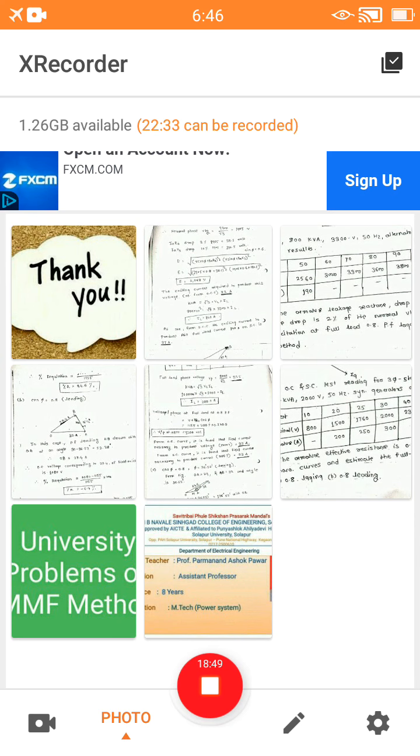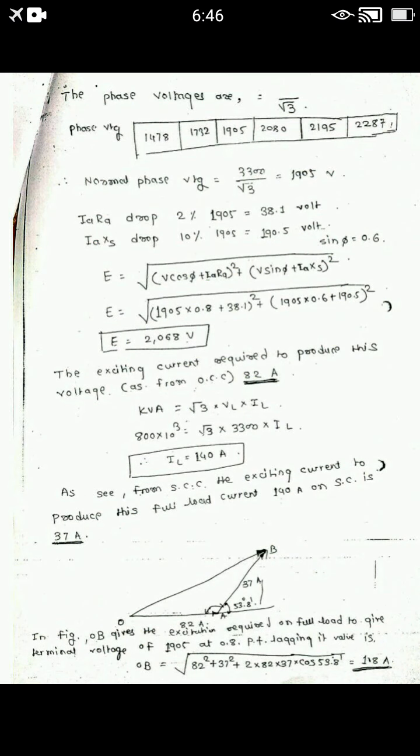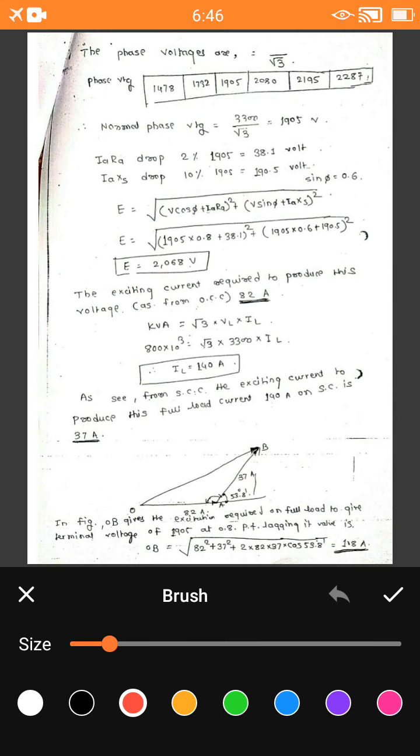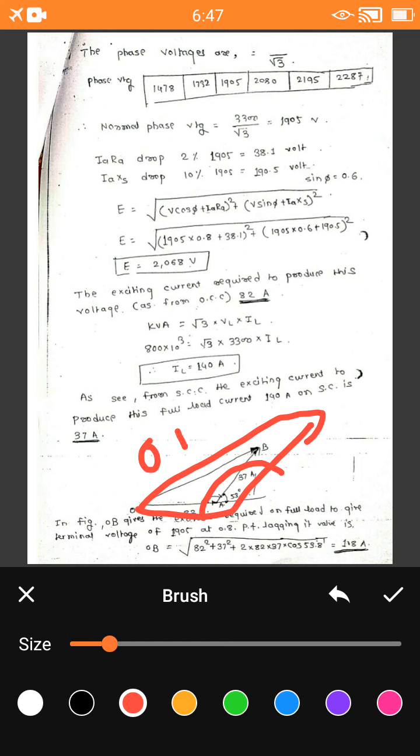If you want to calculate by another method, the regular practice method is that if you know the value of IF1 and the value of IF2 with an angle of 90 plus theta, that is 126 or 123.6, then by simple measurement you get the value of OB.